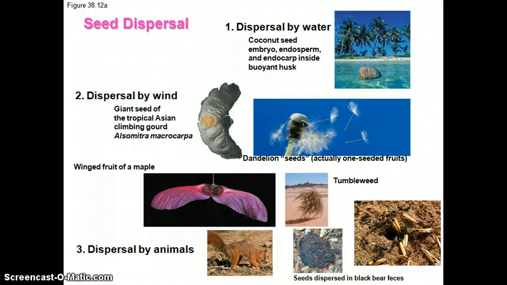And a seed can stay dormant from a few days to a few years, depending on the species of plant. But essentially, the reason for this dormancy is that the seed needs to wait for a suitable environment in order to get itself established and grow.